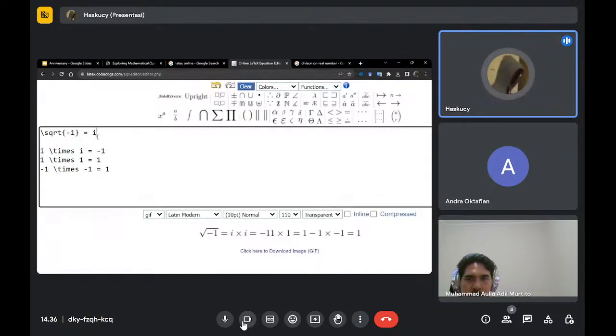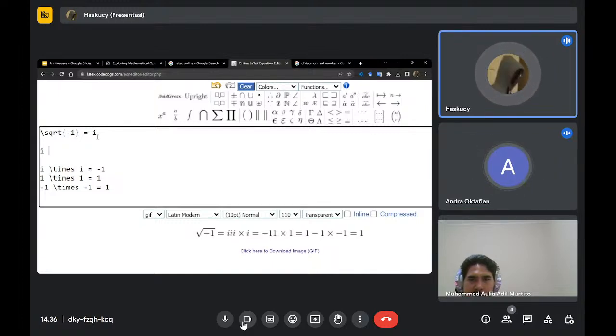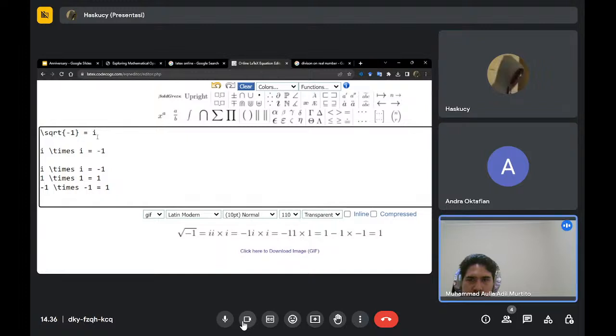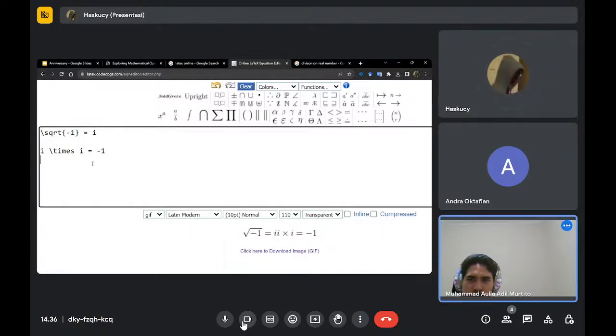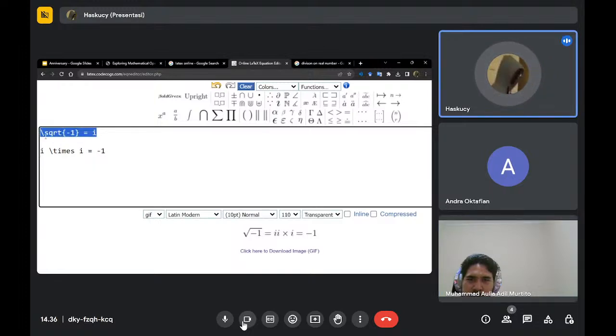So this is the imaginary number called I. Why not 1? Because it is how we define it: the square root of negative 1 is I.